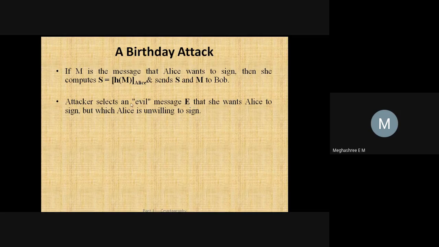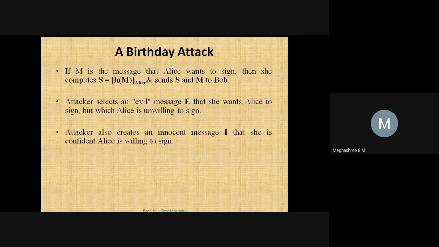Consider the attacker creates a message like, Alice agrees to give all of her money to Trudy. Will she sign that message? Will she agree to give all her money to Trudy? No, right? So such messages are treated as evil here, and are represented with the letter E.